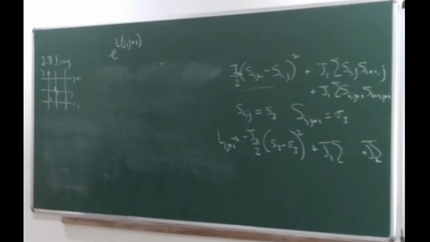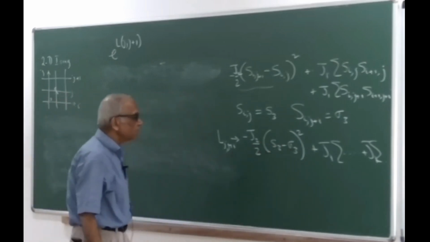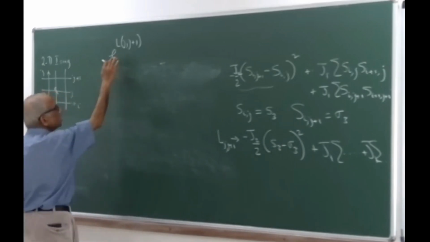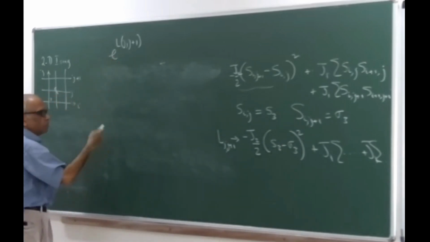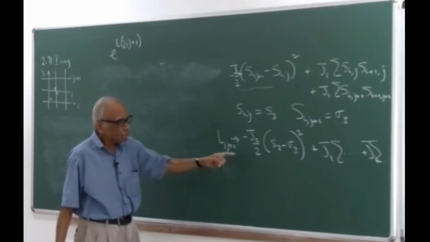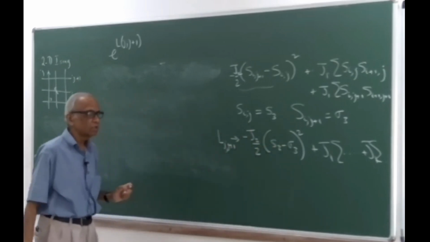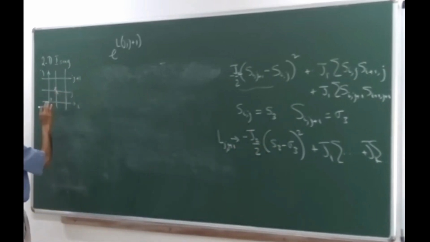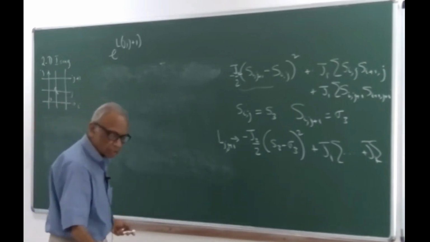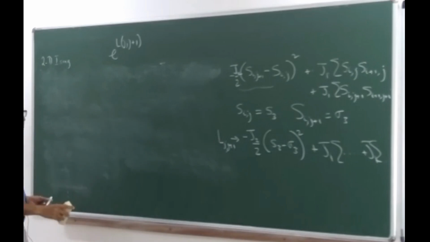So now you note the following: the cost of going from one step j to the other is going to be determined by this spin flip. So how many spins, in going from level j to level j plus 1, are going to get flipped?